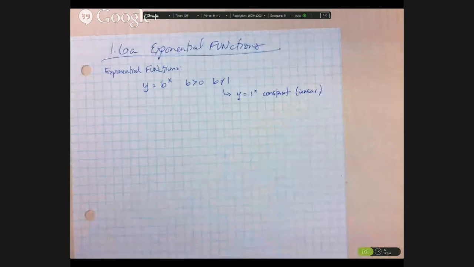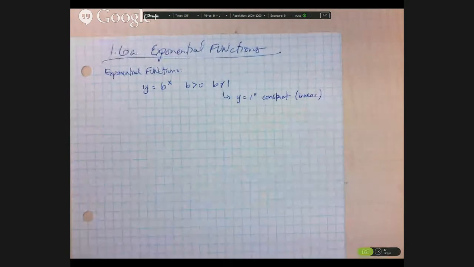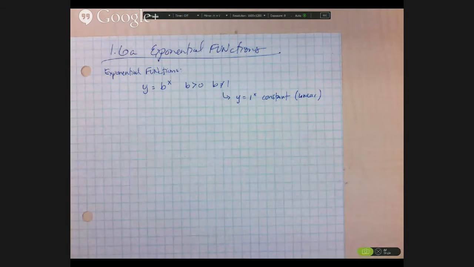It cannot be equal to 1 because that function is linear. Okay, so it wouldn't be an exponential, actually. Okay, here's some properties of exponential.